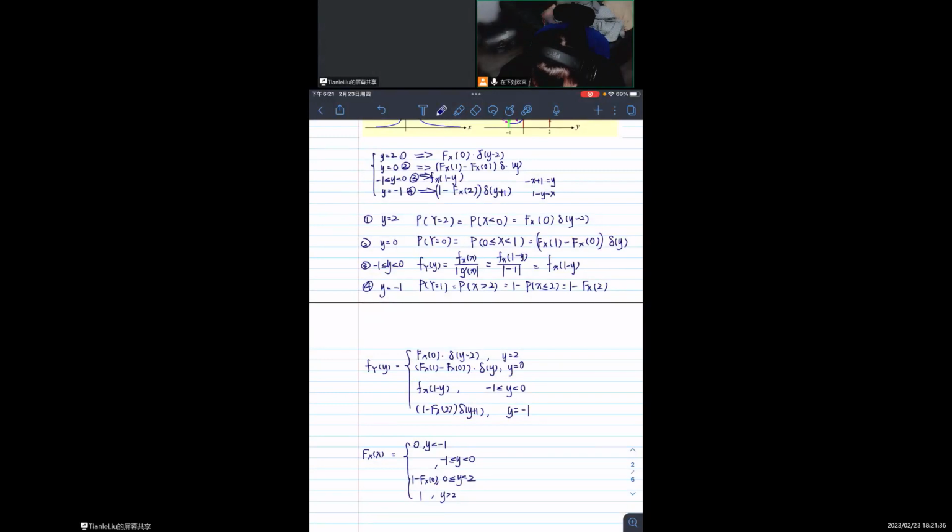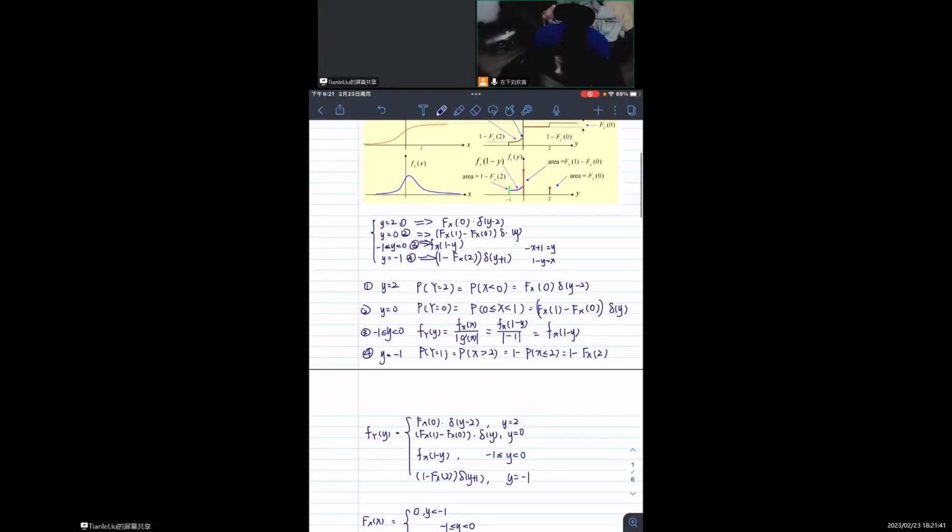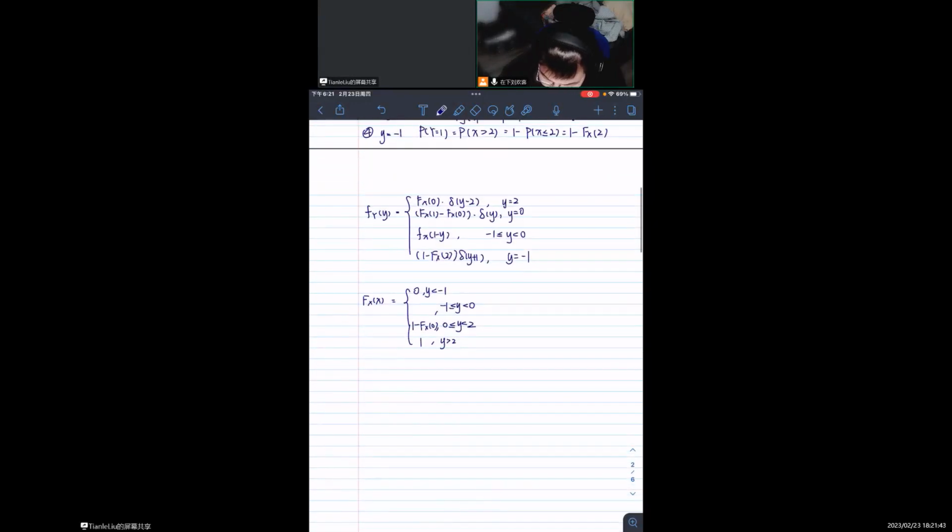But for the -1 to 0 range of y, it's kind of complicated. We need to find Fy(y), the density function of y, equals what? By the definition, it equals the probability of Y less than y, right?